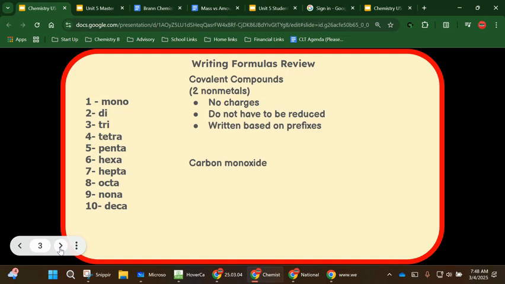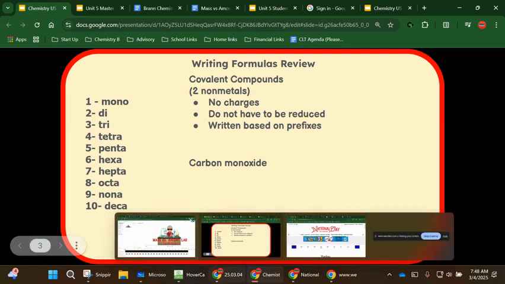But also, carbon is a nonmetal. The first element is going to be a nonmetal and not a metal. And there will only be two elements there. That is it. Covalent compounds are easy, but people make them difficult. Okay? So let's take a look at a few samples.